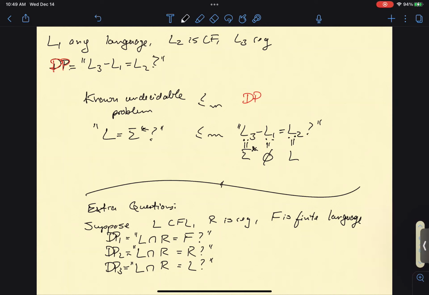Oh, L is equal to sigma star? Yes. So the question was about co-CE. Co-CE means that the answer is no. If you know the answer is no, that means there's some element that's not in L. You know that L is context free, so there's a grammar that generates it.